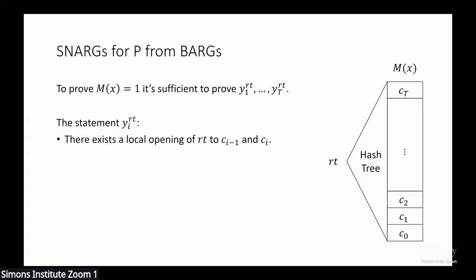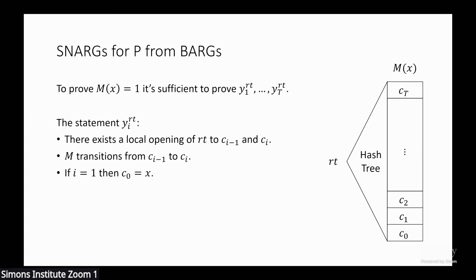The statement is true if there exists, and the witness is these two configurations, c_{i-1} and c_i. If there exists a pair of configurations that are, on the one hand, consistent with the root, we can have a local opening for them. And on the other hand, they're consistent with the computation of M. M really transitions from one to the other. So the witness contains these configurations and their local openings.